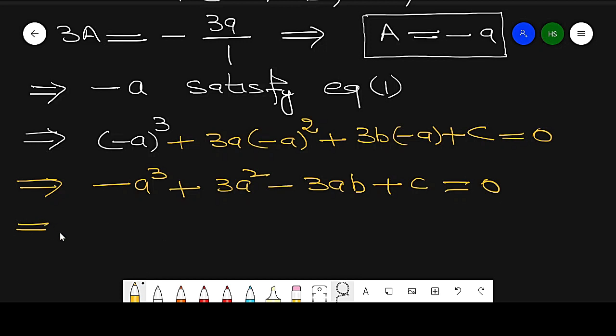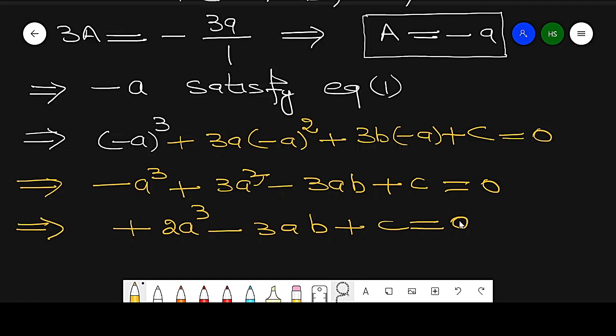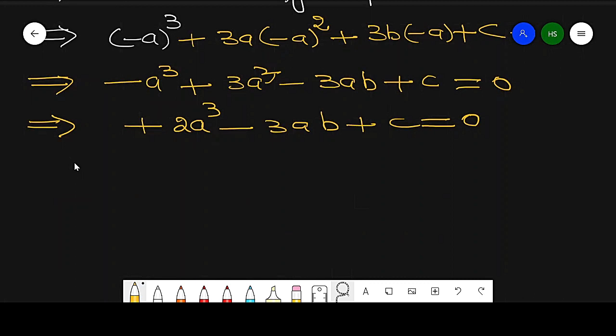So what we get is minus a cube plus 3a cube, which gives 2a cube minus 3ab plus c equal to 0. This is the required condition.